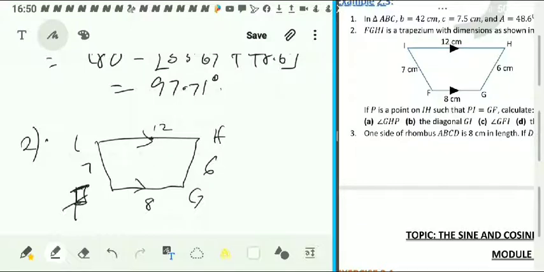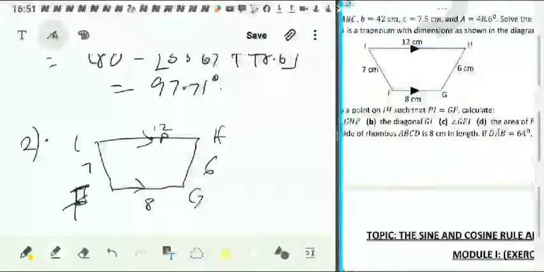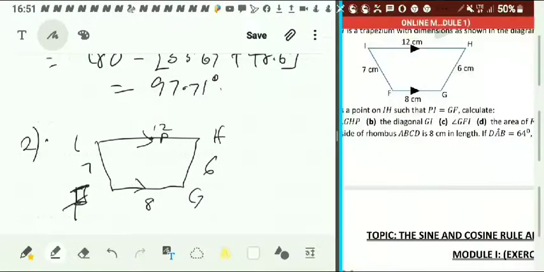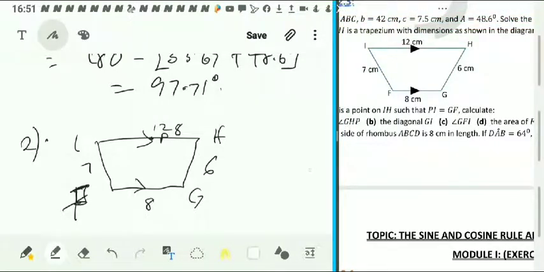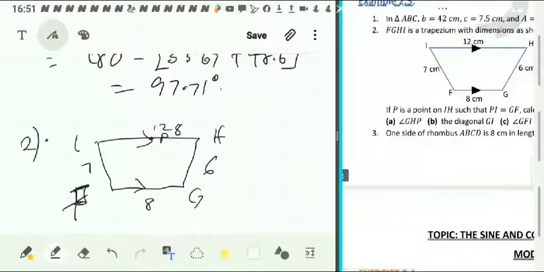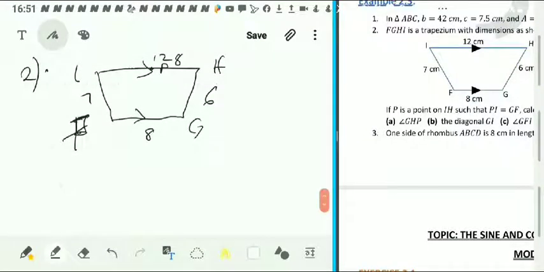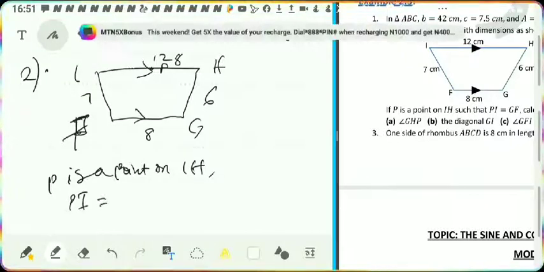P is a point on IH such that PI equals GF. Okay, let me write it down. P is a point on IH. PI is equal to GF.